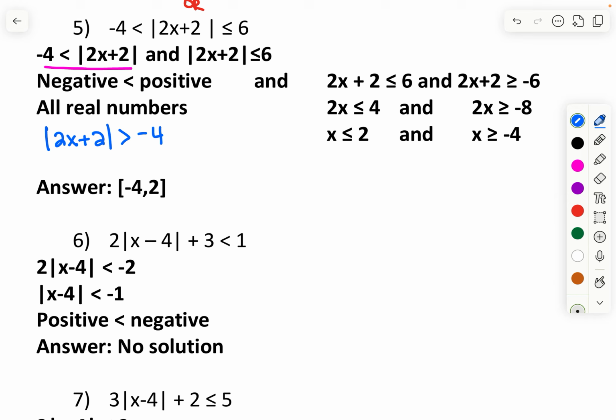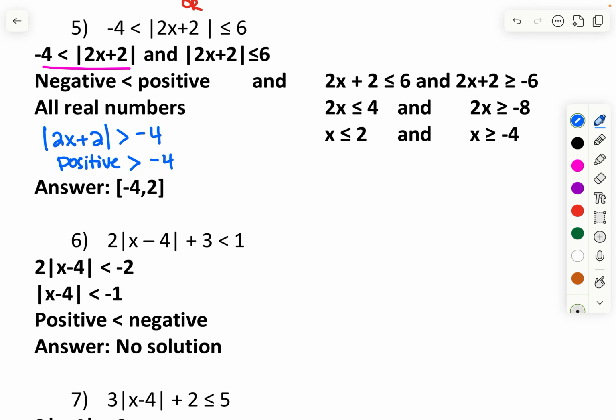So that's saying that the absolute value of 2x plus 2, which is always a positive number, and positive numbers are always greater than -4. So for this first inequality, we have all real numbers. Any x that you plug into that inequality is going to be true.